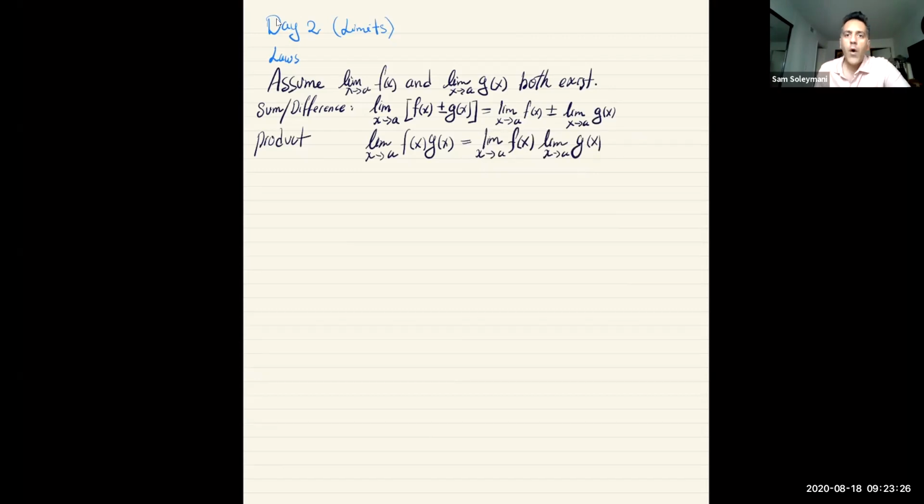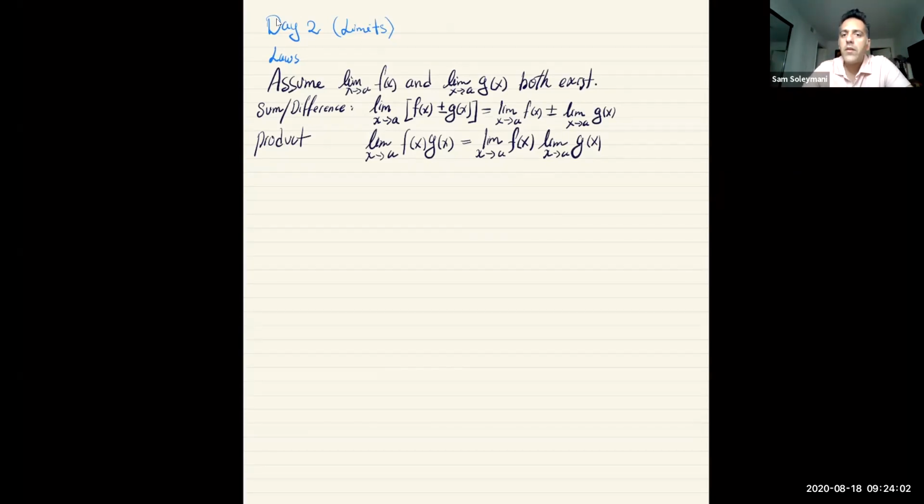So, what does this mean? You might find the limit of f of x, and the limit of f of x is 0, right? And you might find the limit of g of x, and the limit of g of x is infinity. Well, you're like, okay, so I can't take the limit.